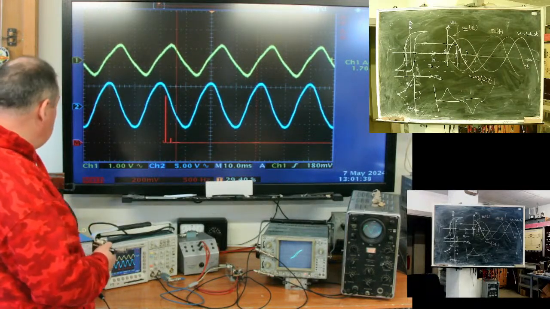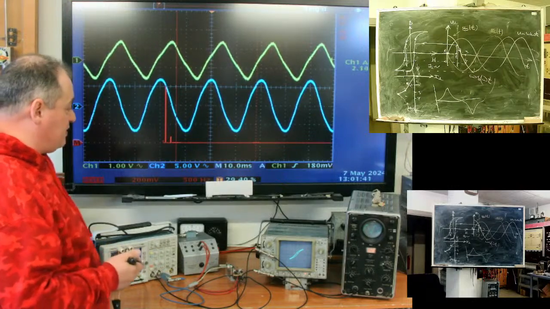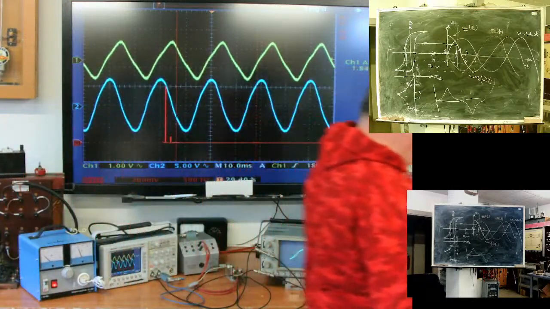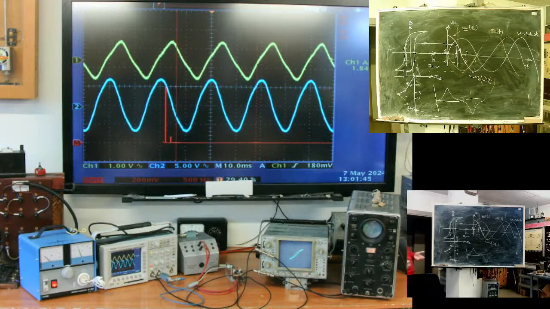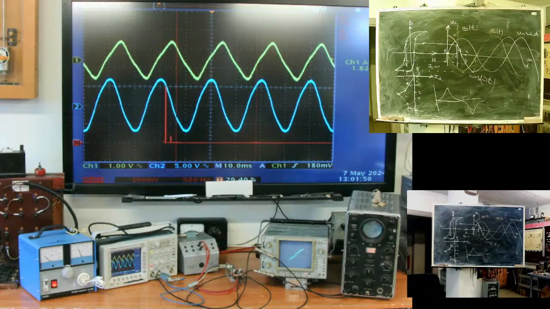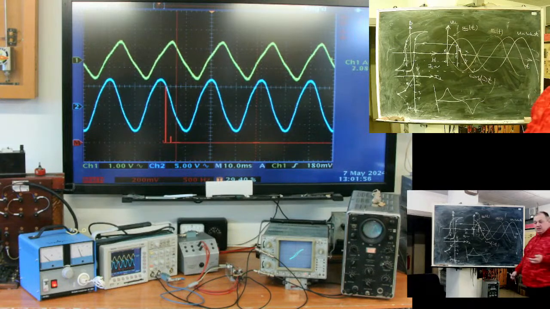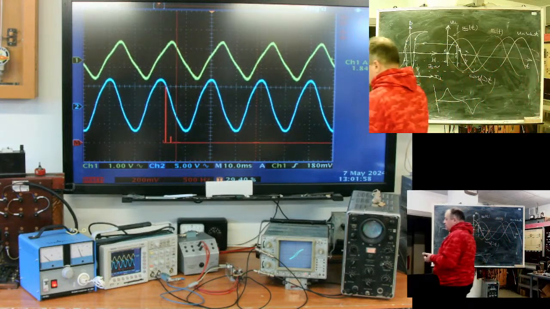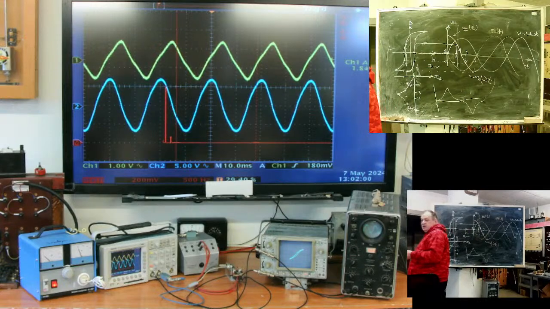Nice, nice, nice. So at this moment, what can we tell? Supply voltage, sine, induction, cosine, secondary voltage, sine, everything. But current is not harmonic, current contains third harmonic.